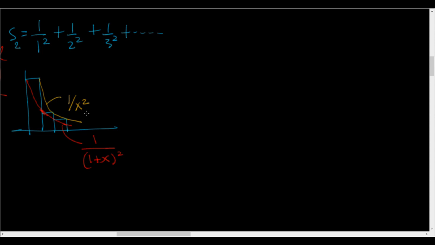Now S2 is bigger than the integral of 1 over 1 plus x square dx from 0 to infinity. We know this because it is just above, it's more than this area going to infinity.